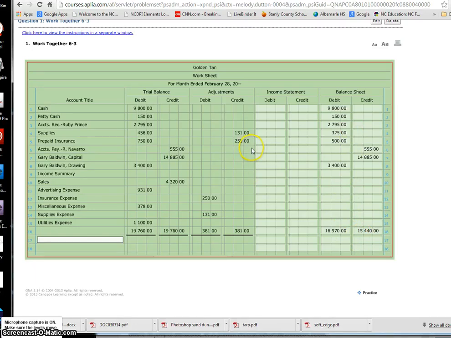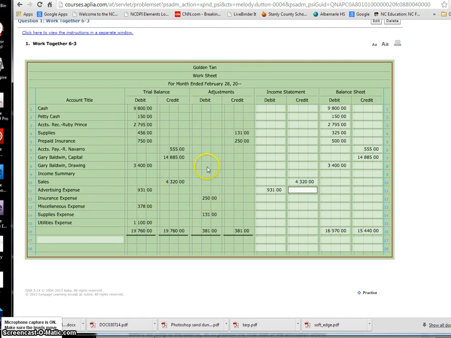You now have to transfer over your income statement accounts. Okay, sales and your expenses are going to be on the income statement. So right here, sales has a credit balance, nothing in the adjustment column, so $43.20. Our expenses, here's advertising expense, okay, $931.